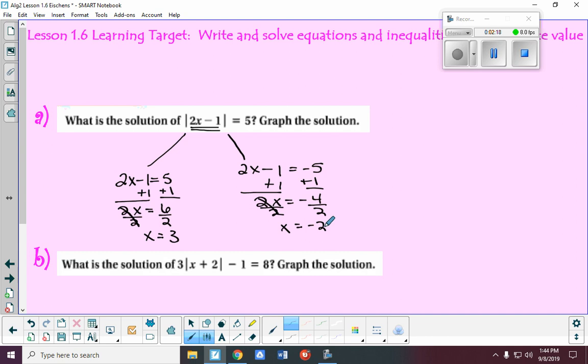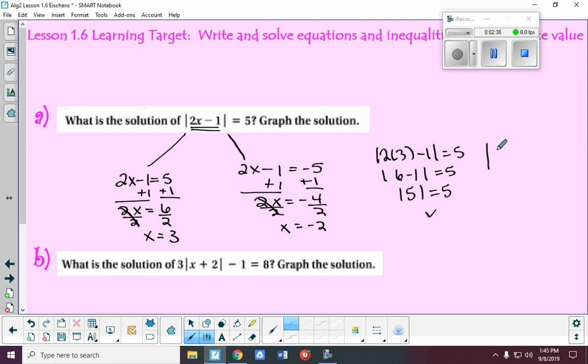Now let me just show you how that works. If we substitute those values back in, if we substitute in the 3, you would have the absolute value of 6 minus 1. Is that equal to 5? Sure it is, because the absolute value of 5 does equal 5. It's a true statement, so that works.